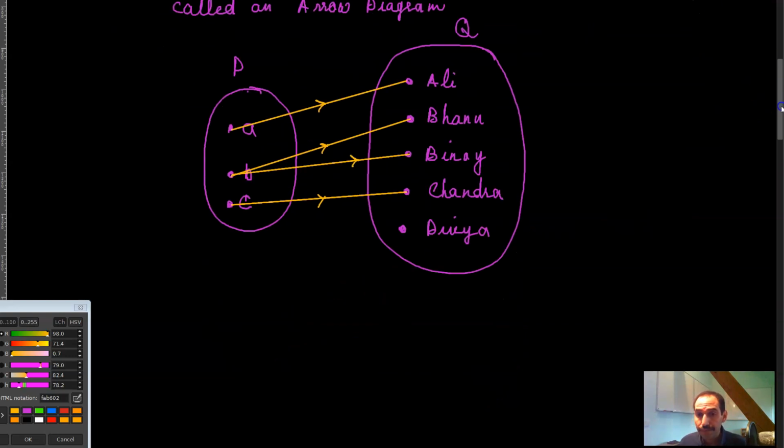Now, based on this situation, we can define a couple of things. We have basically 3 definitions here.